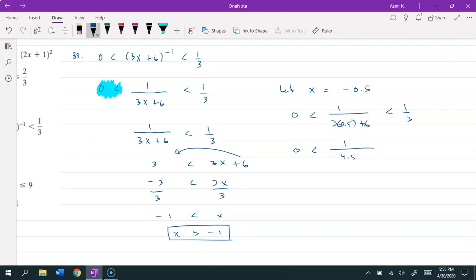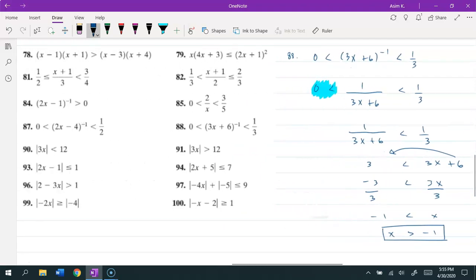So you'll have 1 over 4.5, less than 1/3. You're welcome to open up a calculator and type in 1 over 4.5 and see what you get. You'll find that that truly is a number between 0 and 0.333 running. So it does work. As long as x is a number that's greater than -1, it's going to work. And if you take a number that's less than -1, that's not going to work.